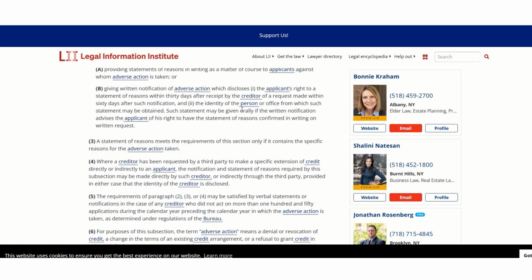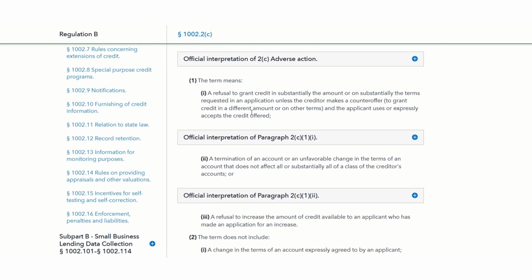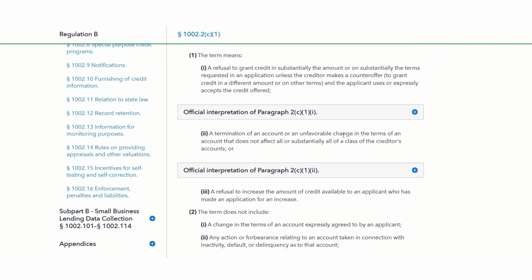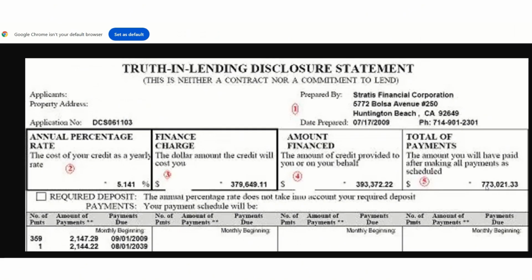And since the account belongs to you, wouldn't that be unfair? That's hella unfair for them to change the terms of that account. Say for instance, this right here was owed to you, $773,021.33 was owed to you on the account.